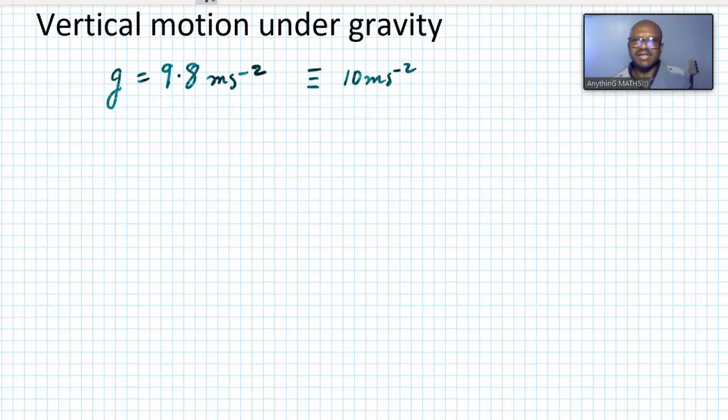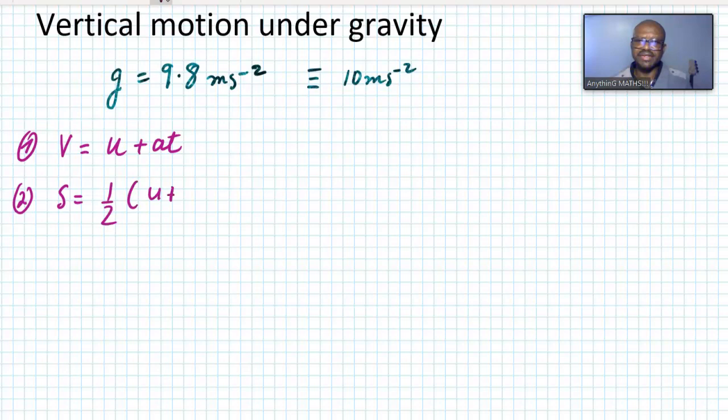Let's remind ourselves of those 5 equations. The first one is the final velocity is given by the initial velocity plus acceleration times time. The second one is the displacement is half of the initial velocity plus the final velocity, times time.